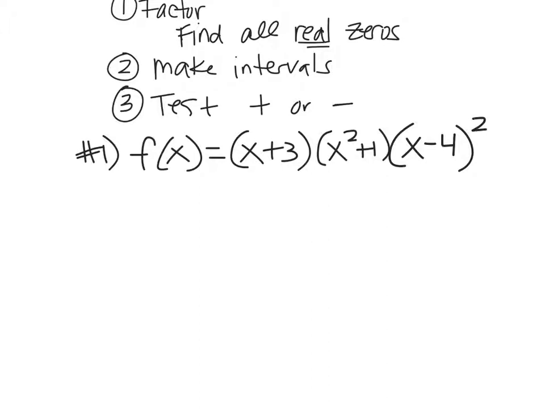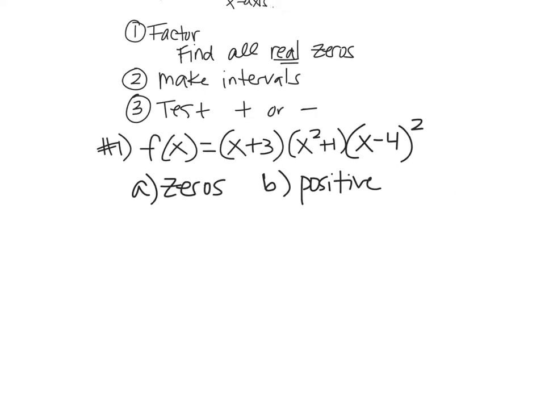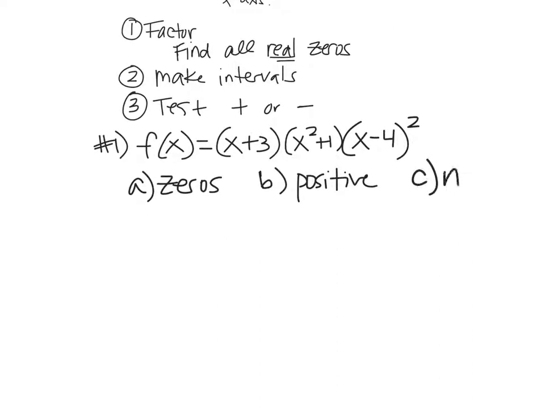And we are going to do 3 parts here. A, find all of the zeros of the polynomial. B, find out where this polynomial is positive. And C, find out where it's negative. All right, so let's start.